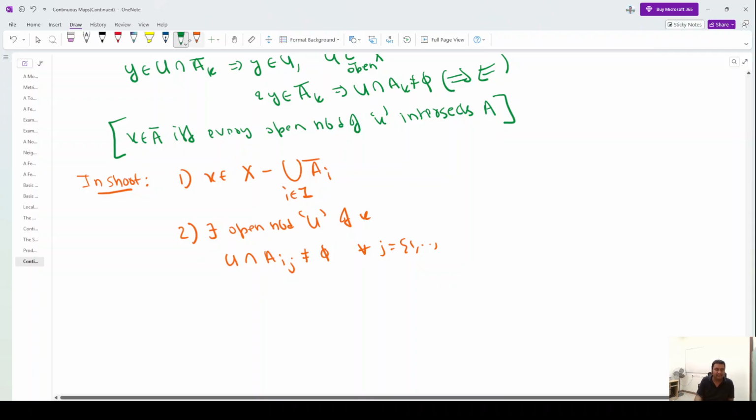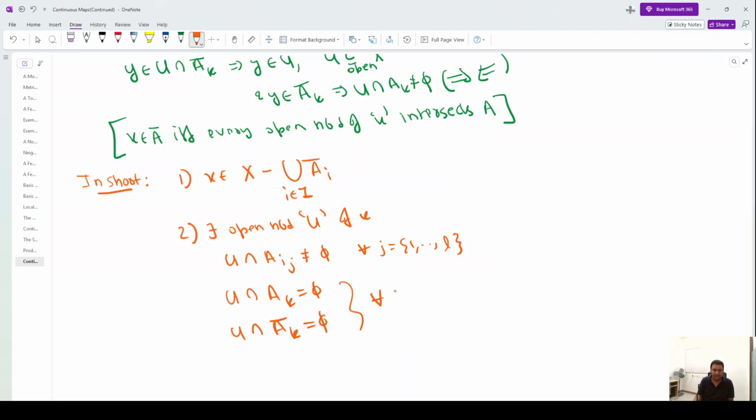And apart from that, U intersection AK closure is empty for all K not equal to I suffix J, J in 1 to N. Right? So you have this.